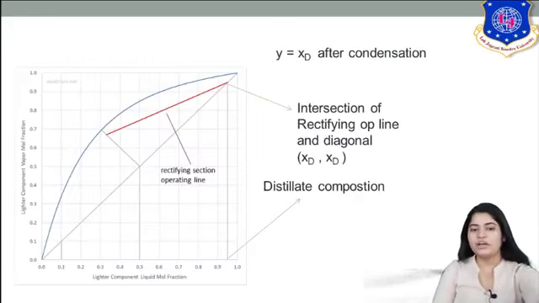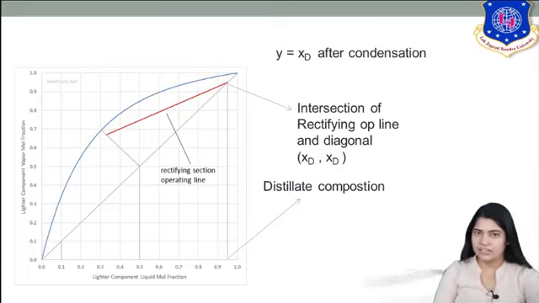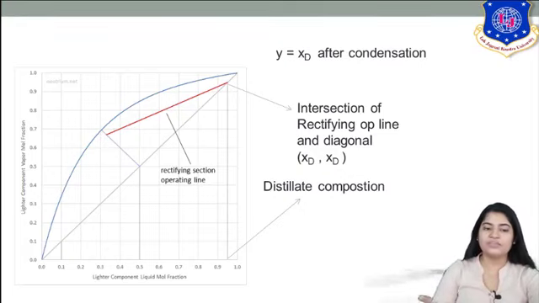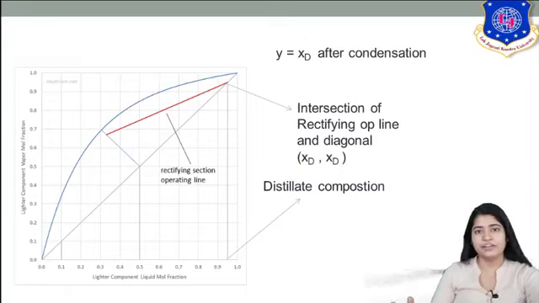So yes, this is what your, first of all it is your Y versus X curve. Okay, for more volatile component you are plotting your Y versus X curve. You are getting the blue line. What is it? It is your equilibrium curve. The diagonal which is passing at 45 degree. Now the red line, what is it? It is operating line of enriching section.